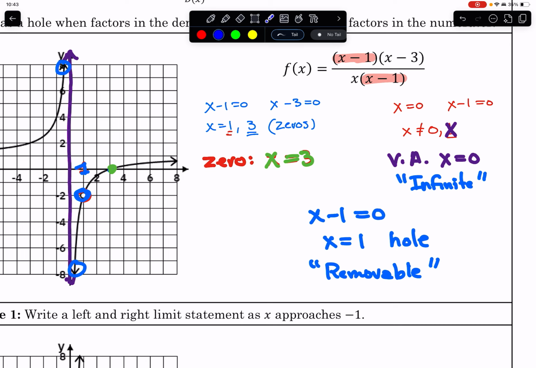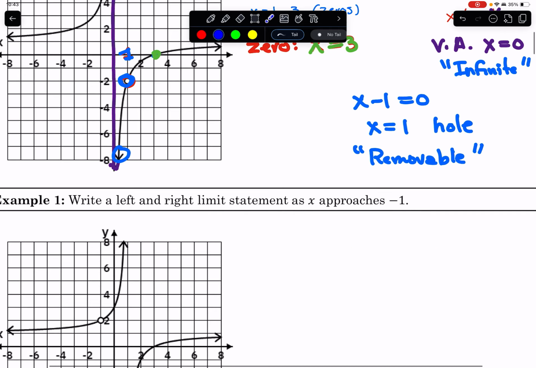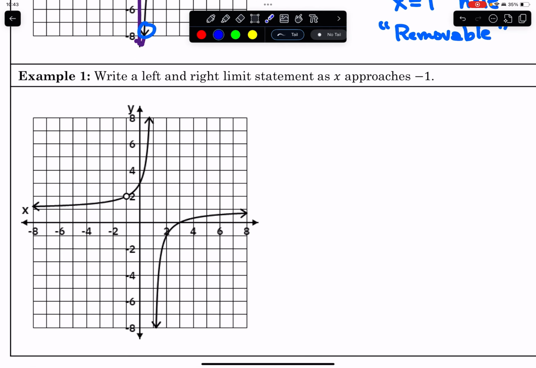So let's first study the behavior around today's discontinuity, which is a hole. So let's write a limit statement. Here we have another graph for example number 1. We're going to write a left and right limit statement as x approaches the hole, which is located right here.